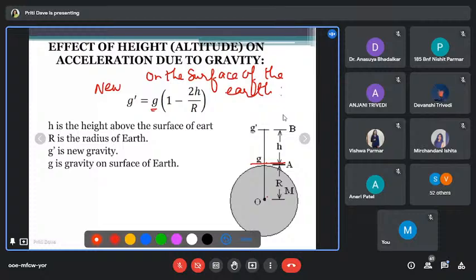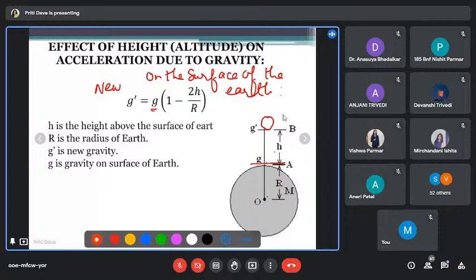Now, there is a derivation to this. I hope you can see that when I am taking the distance between the two bodies, I have not taken it as r plus h, because I have considered that the value of r is 6,400 kilometers.